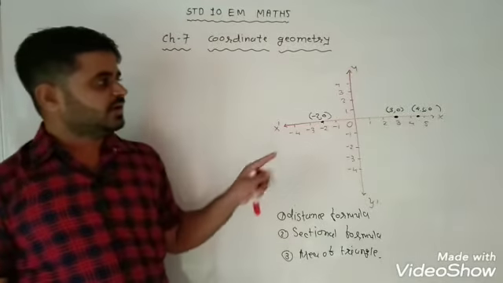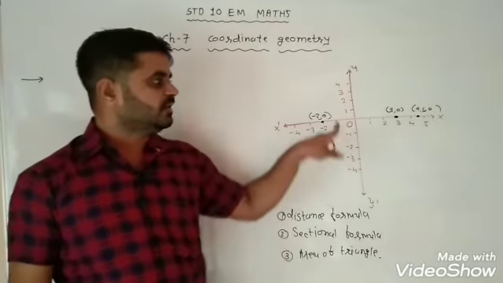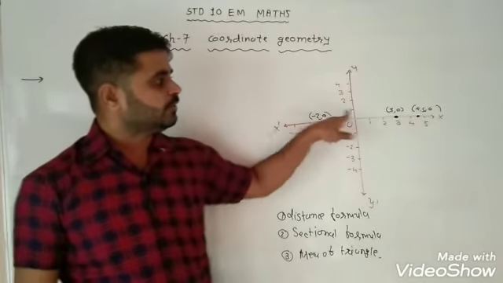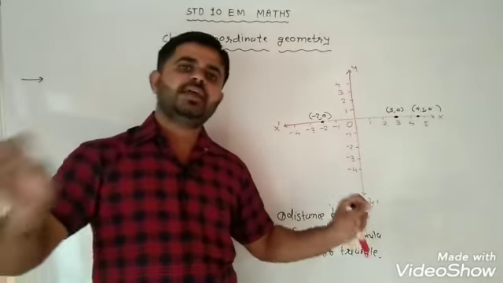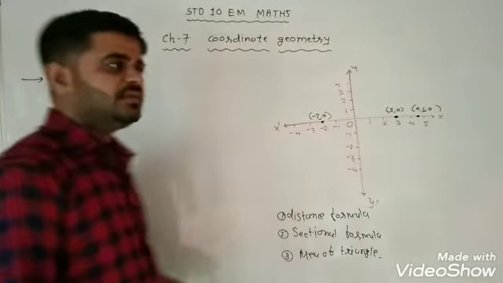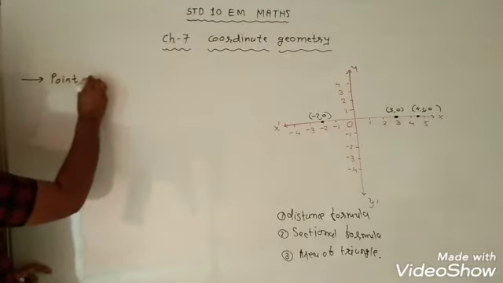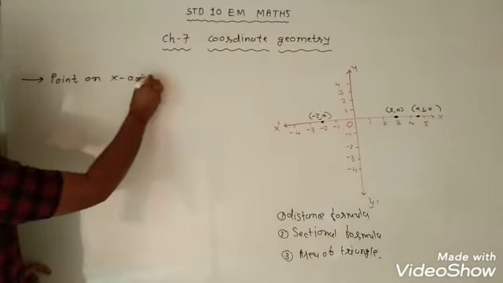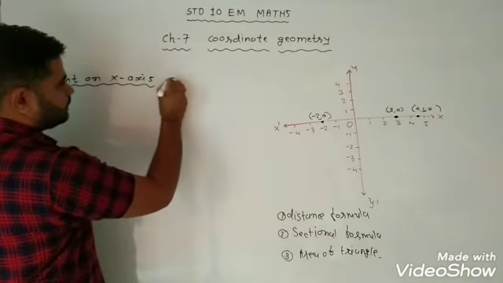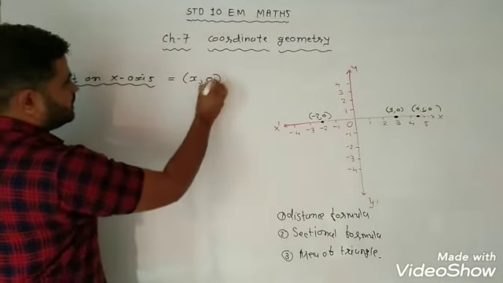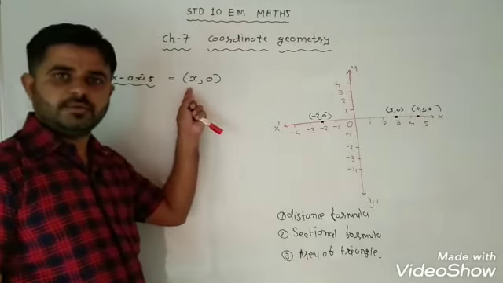So we can say that if any point is lying on the x-axis, then the y coordinate is 0. So I can write: point on the x-axis. What is the form of a point on the x-axis? It is (x, 0). Clear? And x can be any value.